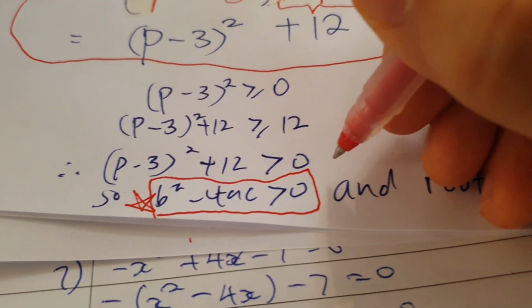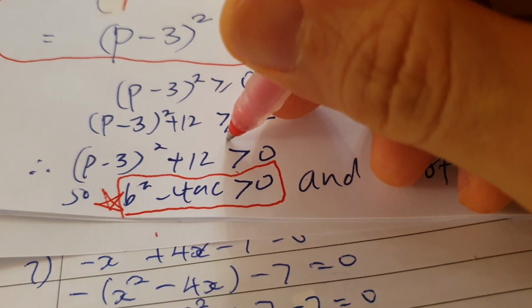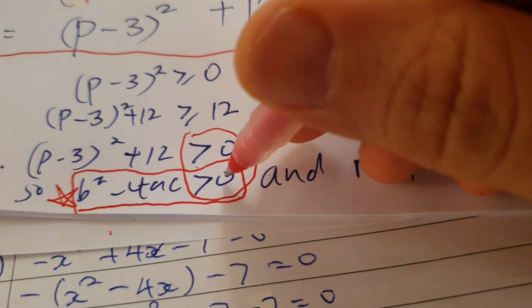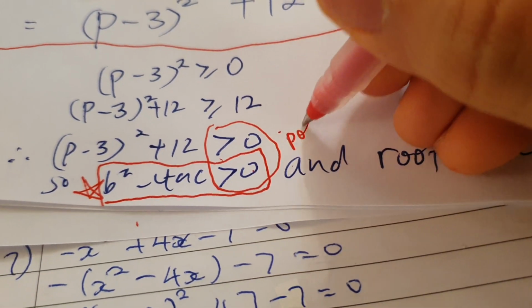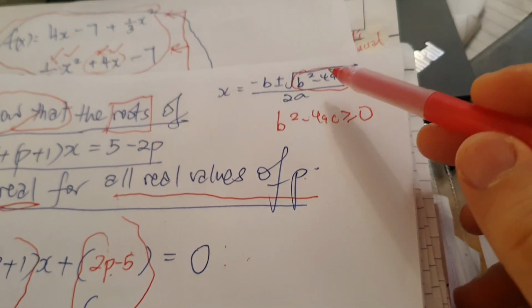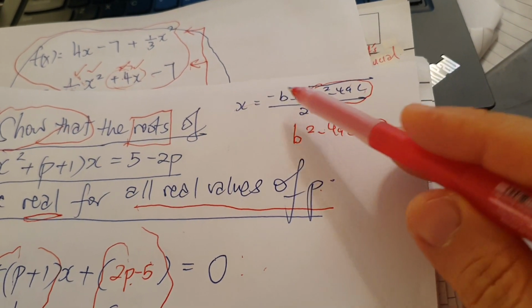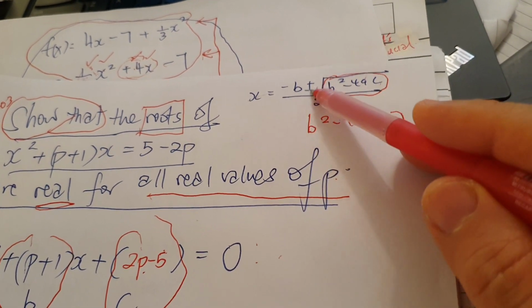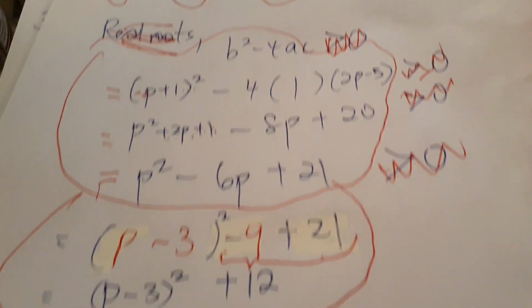That means it's positive. What I'm trying to say here, this statement here is important because you are saying that this b square minus 4ac is positive. And when it's positive, there are two answers. When you square root this, there's an answer here. So you got a plus answer, you got a minus answer. So there are two answers.